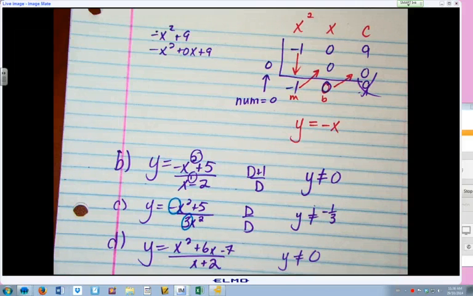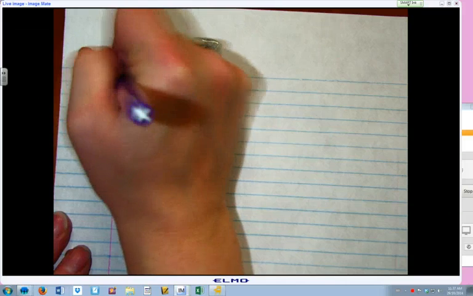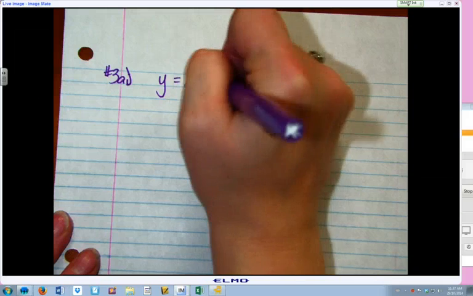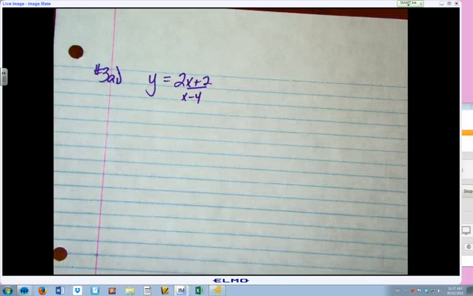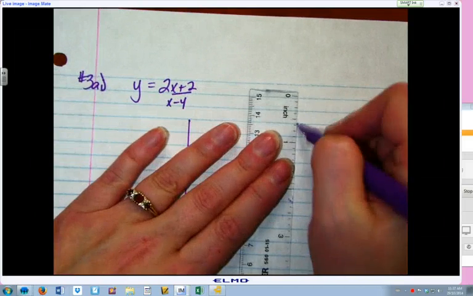Okay. Last thing we're going to do is put all that together. So example number 3, we're going to determine the NPVs and whether they're asymptotes or holes. We're going to determine any horizontal or oblique asymptotes, and we're going to find any intercepts, because those are the 3 things we're going to need to be able to do the graphs that we're going to get to on Thursday. Because I am left brain, I like to do it in 3 columns, where I do the vertical asymptotes, then the horizontal, then the intercepts.